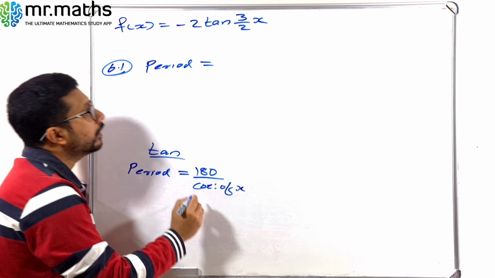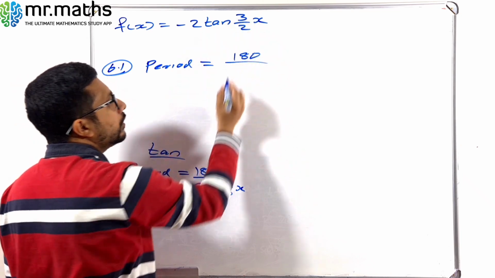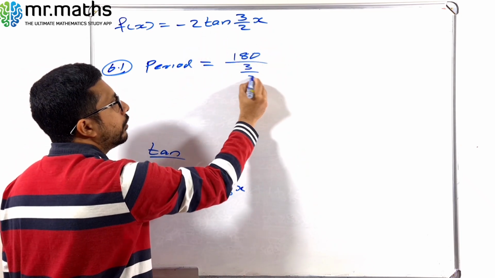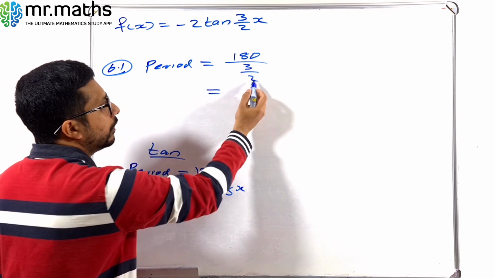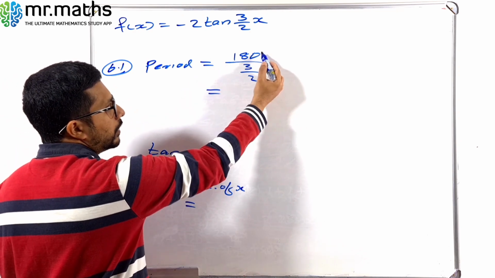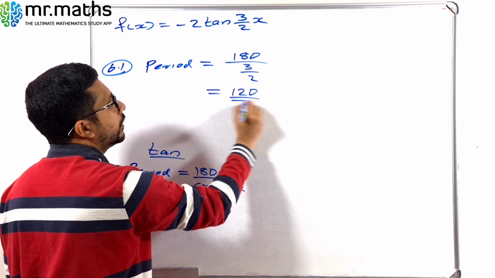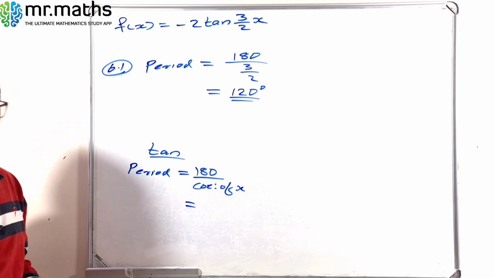Okay, so here in our case 180 divided by coefficient of x, which is 3 over 2. So divided by 3 over 2. Check in your calculator, what is the answer? 2 into 180, 360. 360 divided by 3, 120 degrees. That means period is equal to 120 degrees.